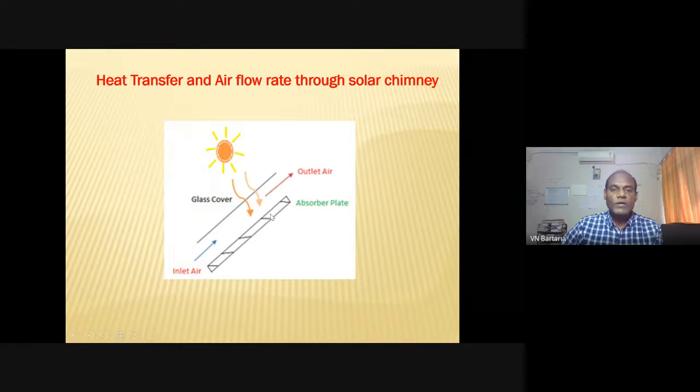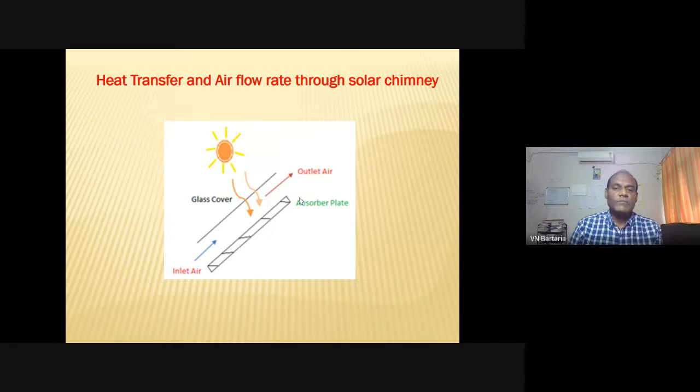Heat transferring or absorbing properties can be further improved by providing artificial roughness. If we keep the surface rough, then more energy can be absorbed by the plate, and this heat energy is transferred to the air adjacent to the plate.